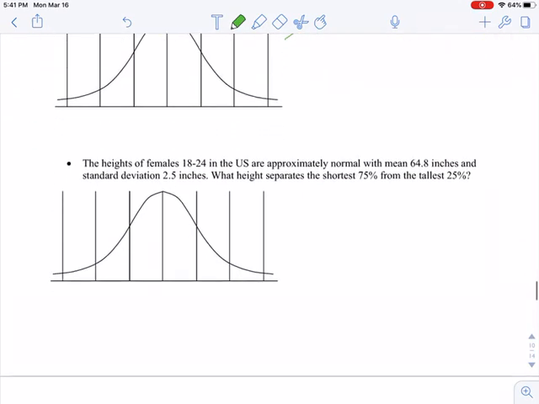Let's try another one. This one says the heights of females 18 to 24 in the United States are approximately normal, with a mean of 64.8 inches and a standard deviation of 2.5 inches. What height separates the shortest 75% from the tallest 25%? I'm going to use the normal probability calculator again, and I'm going to have to remember the mean, 64.8.